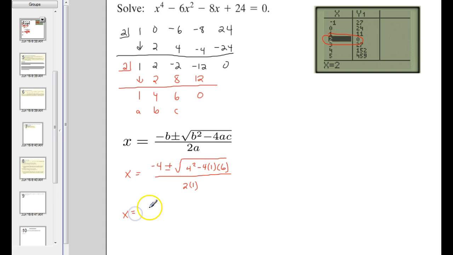So I get -4 plus or minus the square root of 4 squared minus 4 times 1 times 6, over 2 times 1, and then all this stuff underneath the radical, 16 minus 24 under the radical.